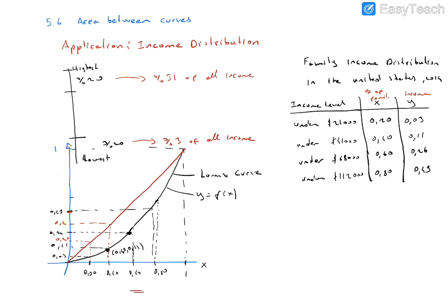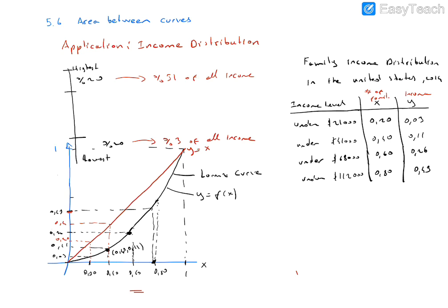Okay, so this is the 18. Okay, so this curve is the equal distribution. Okay, so absolute equality of income would occur if the area between the curves and y equals x, so this is y equals x, were 0.